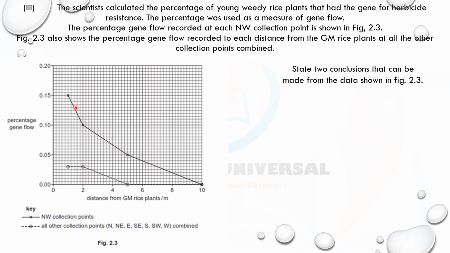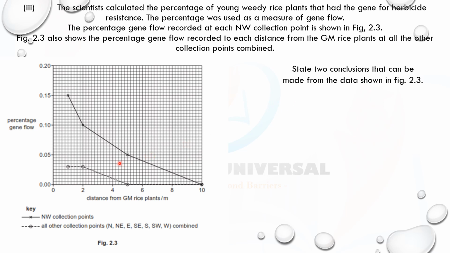There is more percentage gene flow in the northwest collection compared to all other collection points. Can you see across the board? It is higher than this. That's another thing I can derive from this data.